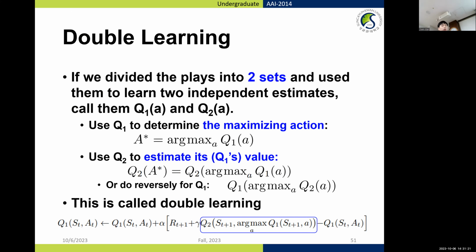To solve this issue, we can do so-called double learning. We divide the plays into two sets and use them to learn two independent estimates. We call them Q1(A) and Q2(A). What we do is a little bit close to, in a neural network, where sometimes we use a skip connection, right?